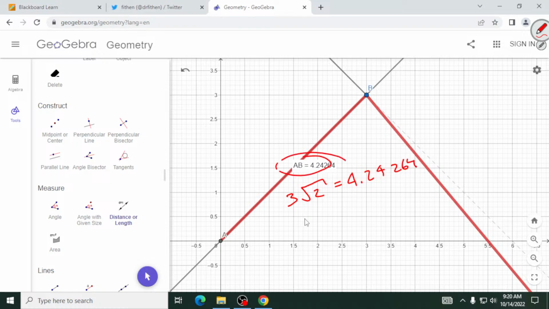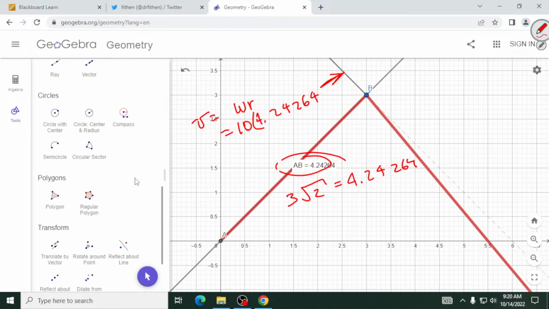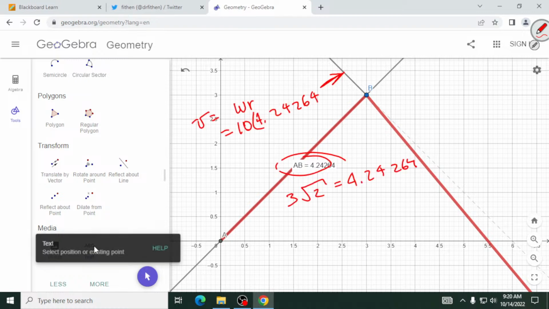So that means the velocity that's up here should be omega r, or 10 radians per second times 4.24264. So this velocity should be 42.4264.